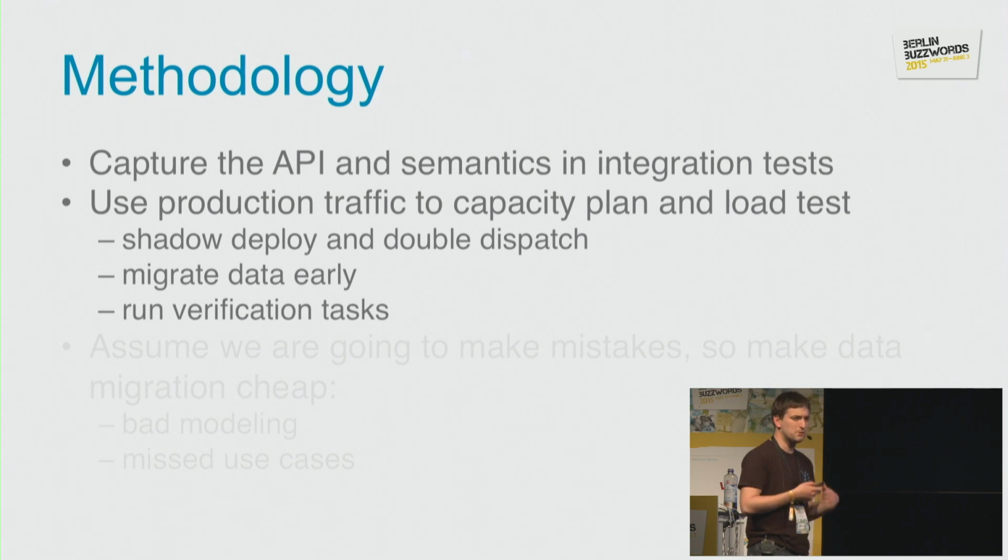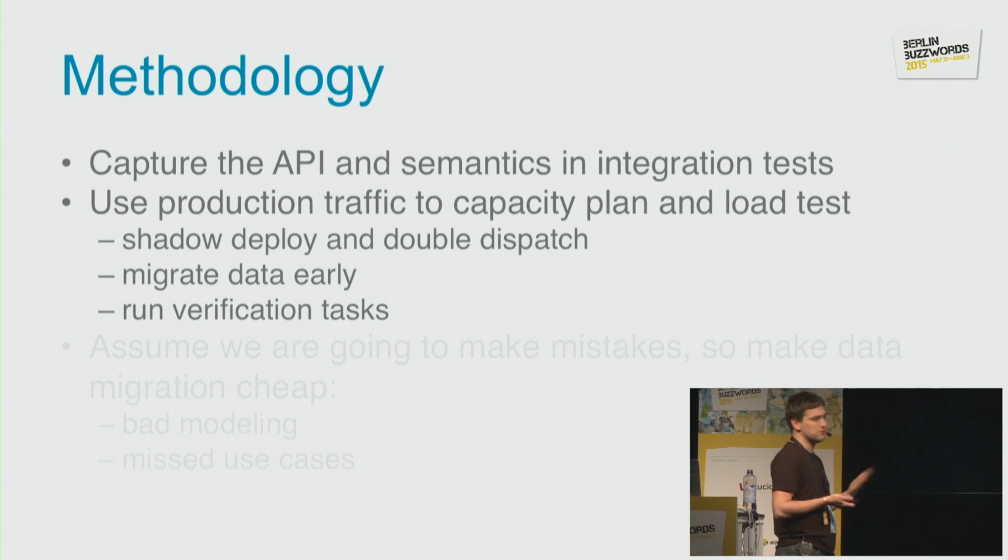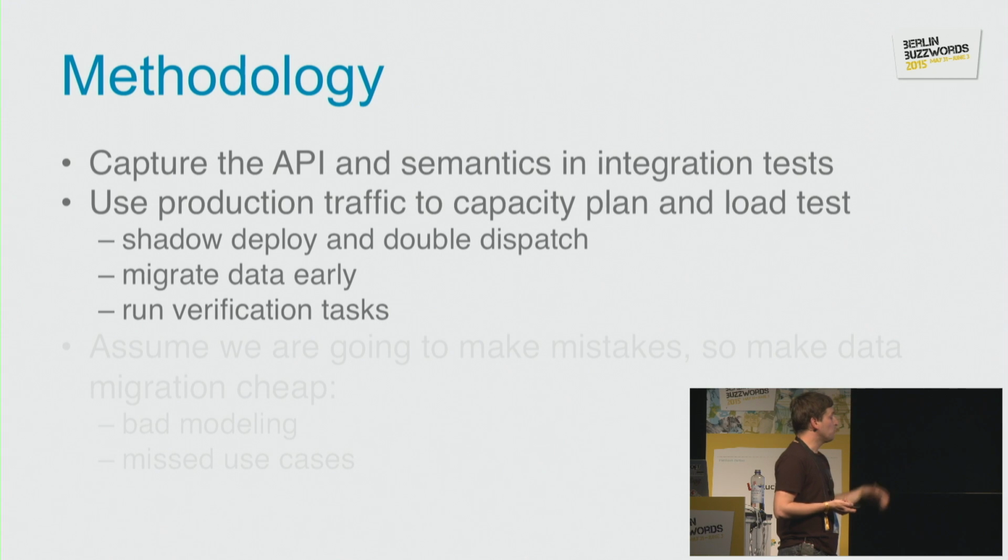To that end, pretty early on, we did a shadow deploy of the service, and we used double dispatch for both writes and reads, just to see how it performed. We migrated the data early so that it worked on a realistic data set, and we are running verification tasks to pick up any data inconsistencies between the two databases, because, as I said, it was also a legacy integration, so we're bound to miss things, and we wanted to detect that.